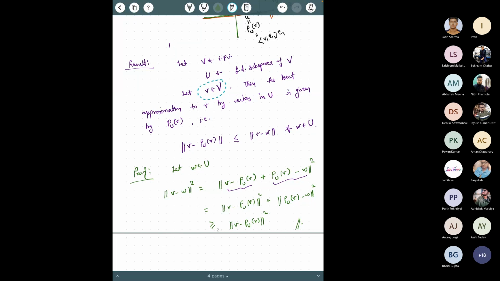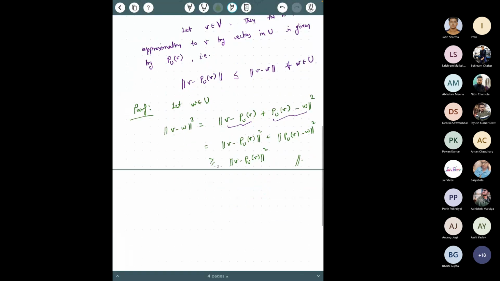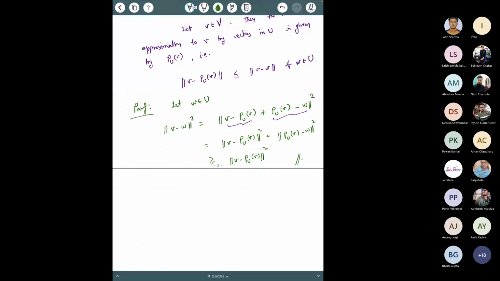So the exercise is the following. I'll give you the idea, but you can complete the exercise. The exercise is to find a polynomial. You just have to use this best approximation. So now you can see the application of this, and it is of practical purpose.